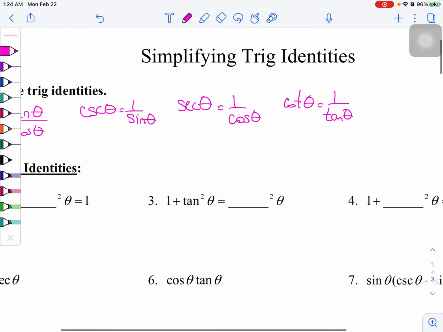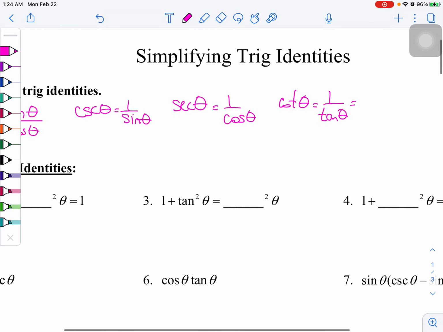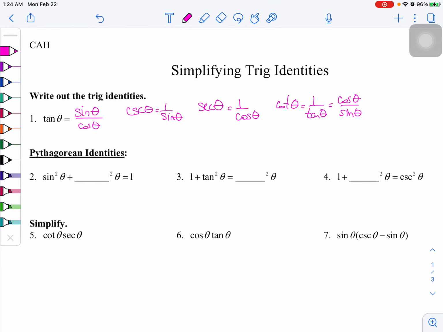I know that cotangent theta is 1 over tangent theta, which is also equal to cosine theta over sine theta. So I know all of those pieces. Those are the trig identities that we're going to use a lot of.